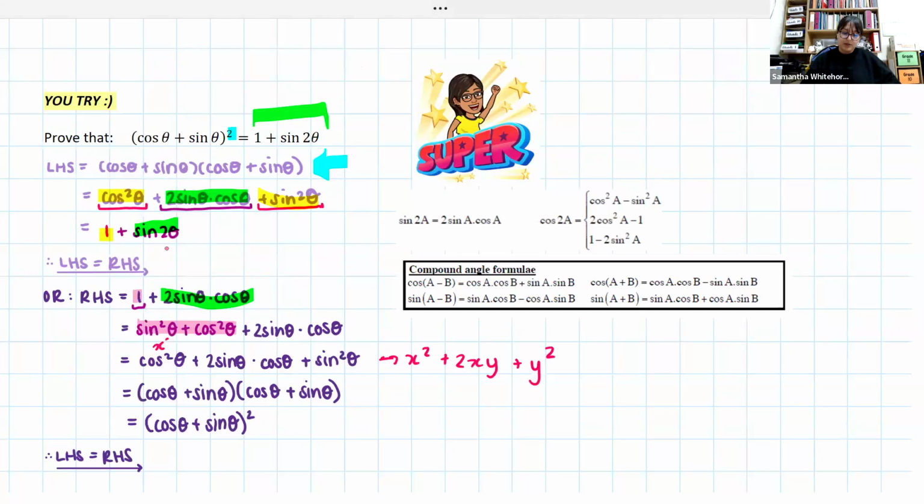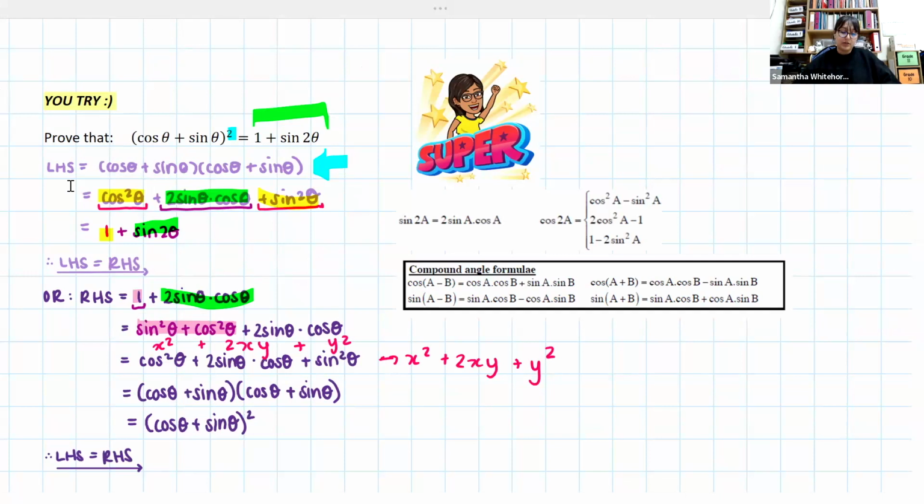Once you factorize that, it becomes the same bracket, so the bracket squared, and that bracket was cos theta plus sine theta. So again, the left is equal to the right. Both of them are fine. Both of them will earn you full marks, whatever you saw.